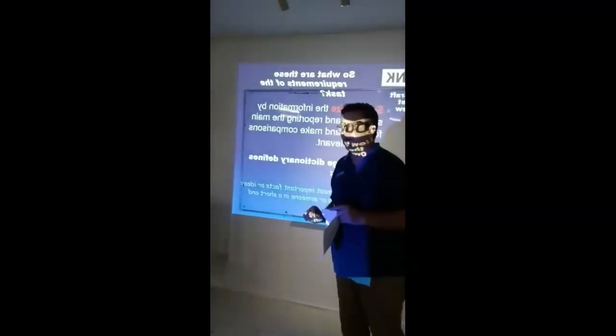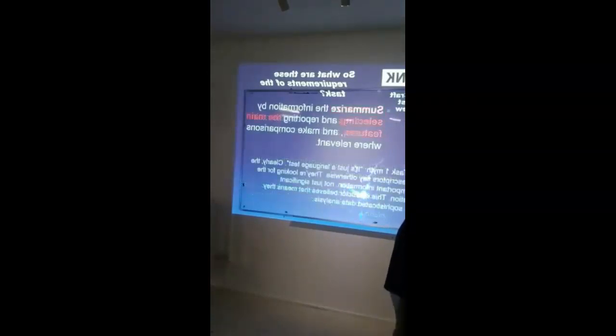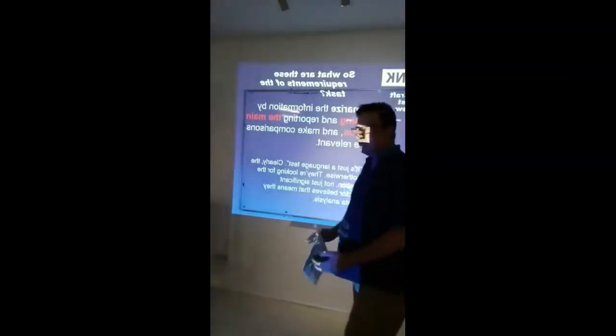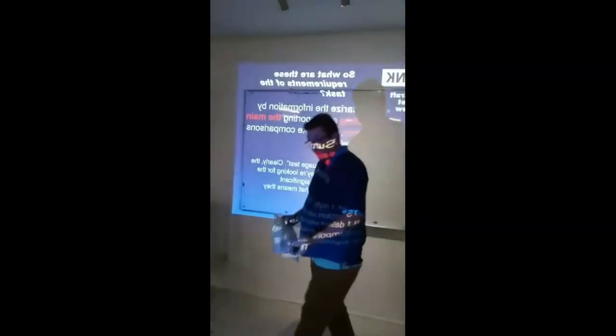Not just any information, but what? The most important facts. That's summarize. Well, how do you do that? Well, you have to select. That's the next thing you need to do, is decide which is important and which is not.